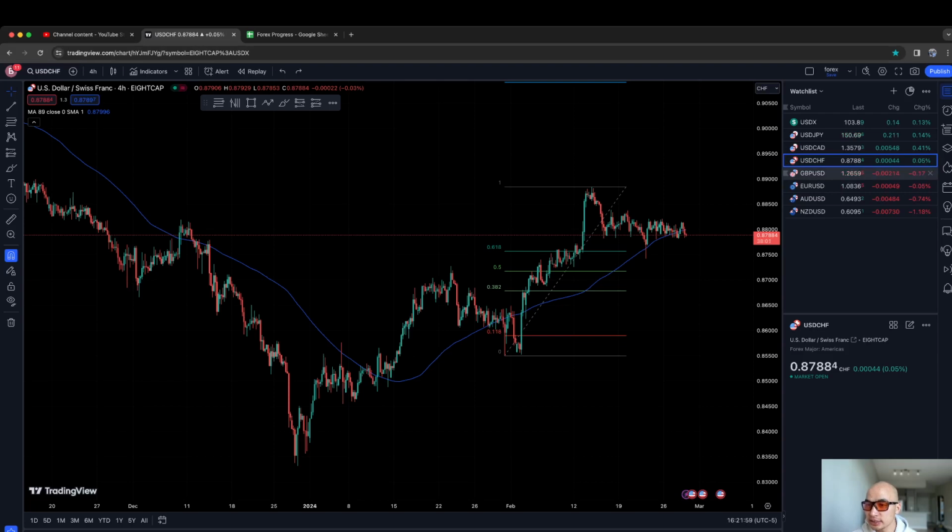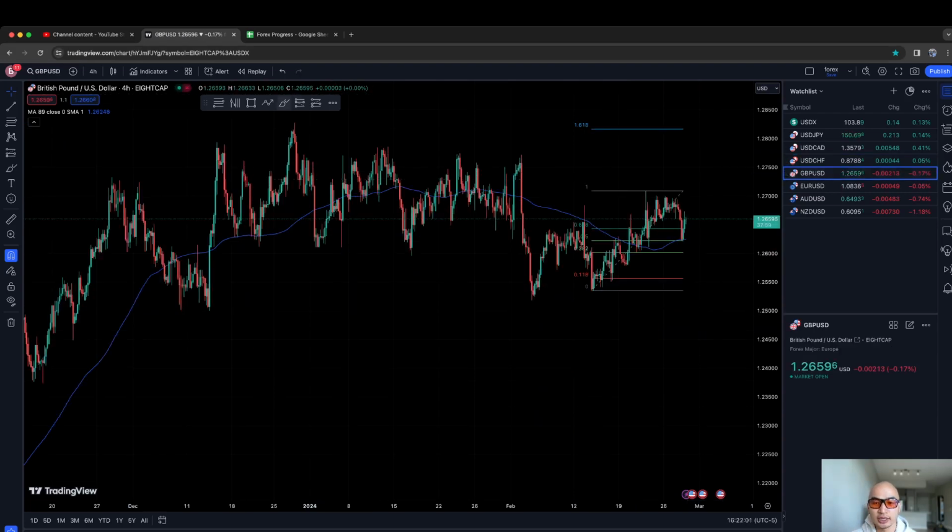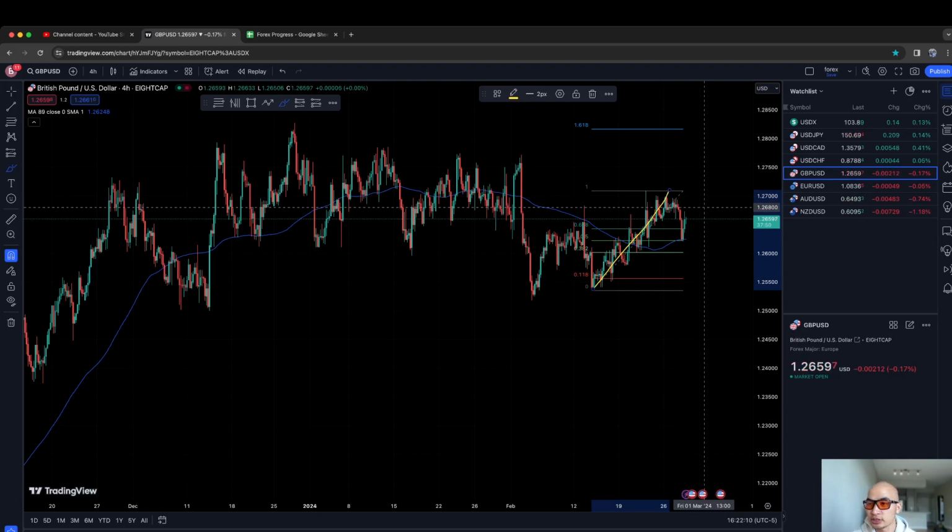Now let's analyze the pound USD. Here we have a nice up leg going up, meaning the pound is getting stronger against the USD. In other words, USD is getting weaker against the pound, which matches the story the USD index is telling.